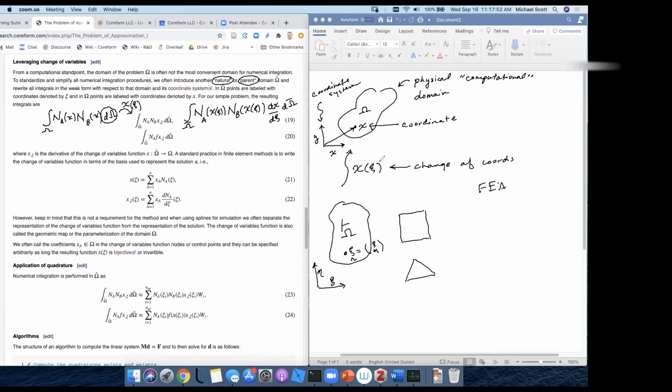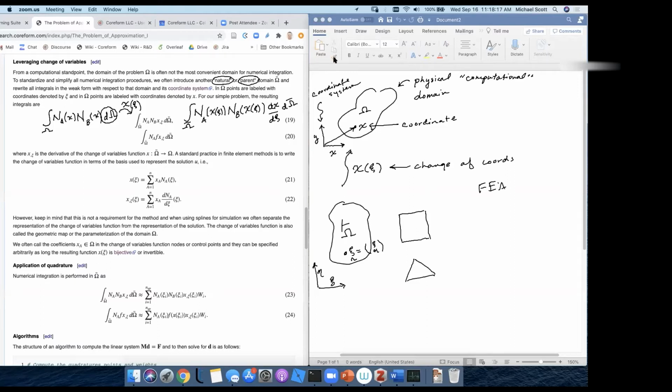And then this change of coordinates function takes us from these simple domains into some very arbitrary physical domain. And so the reason that we're changing integrals back into these domains is because then it makes it simple to do things like quadrature, for example, over these canonical domains.